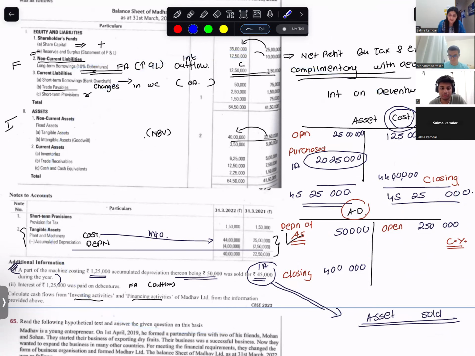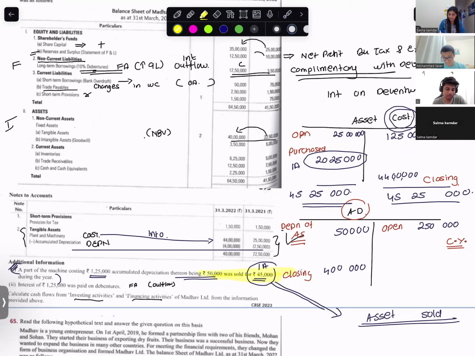Now tell me where is investing activity? The first one is sale of machine. Sale of plant and machinery. How much? 45,000. So this will be your first investing activity.